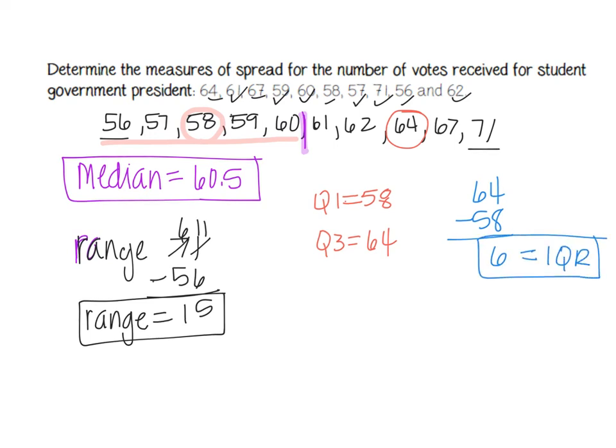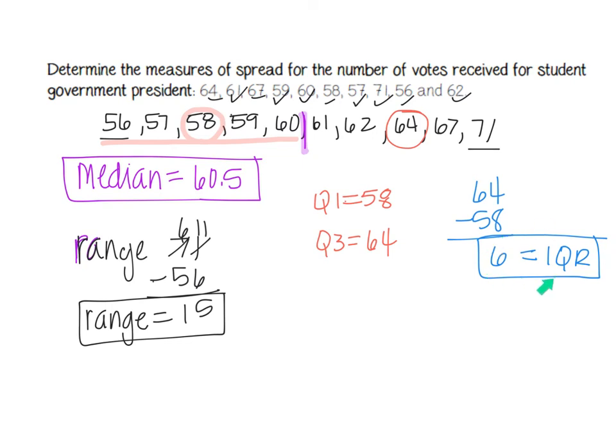So what this means is when we're looking at data, we can see what the middle of our data is. We can see the range of our numbers. That means that if 60.5 is our middle, the range is only 15, so it's not a huge difference in our number sets. This lets me know how the numbers are clustered. 58, 64, this one's a little bit closer to the median. There's a little bit more difference up here.